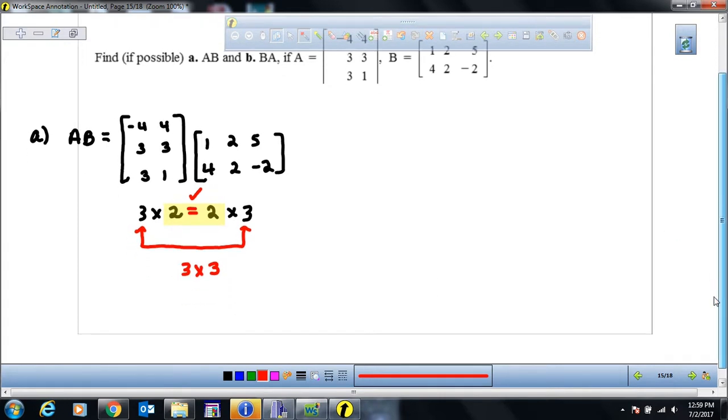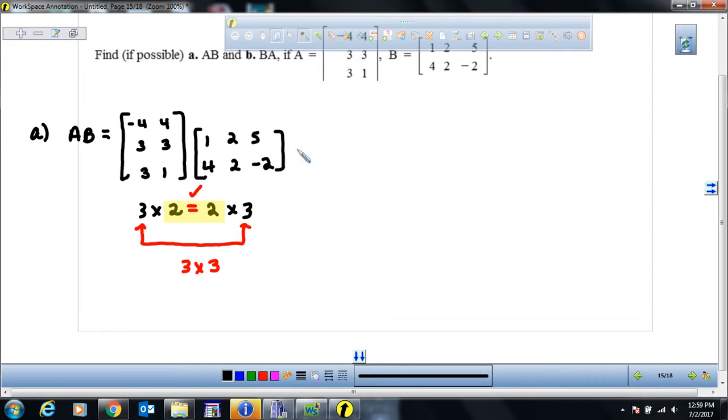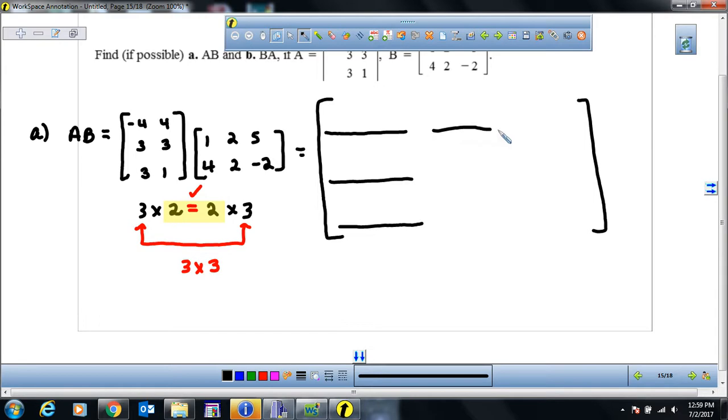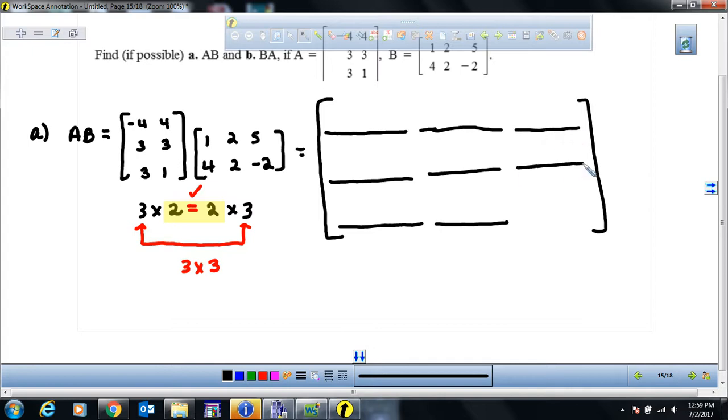So when I multiply these two matrices in that manner, AB, this is going to result in a 3 by 3. It means that my new matrix is going to contain 3 rows and 3 columns. So this is basically how it's going to look like: 3 rows, but also 3 columns right here. That's what we're going to have.